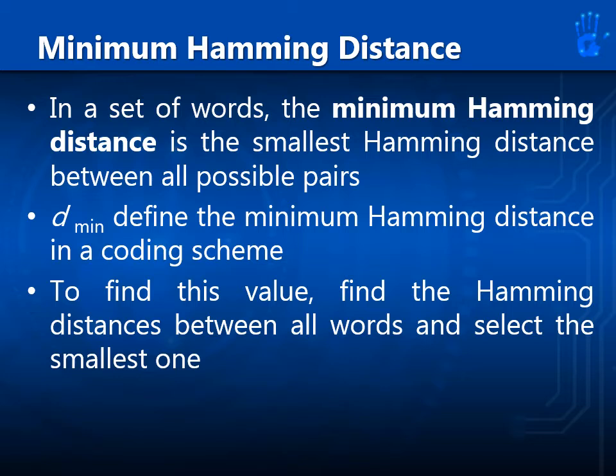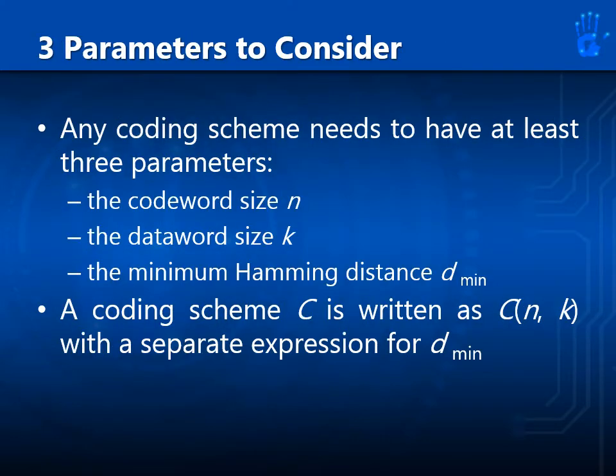Minimum Hamming distance. In a given set of words, the minimum Hamming distance is the smallest Hamming distance between all possible pairs. d_min defines the minimum Hamming distance in a coding scheme. To find this value, find the Hamming distances between all words and select the smallest one. Three parameters to consider.